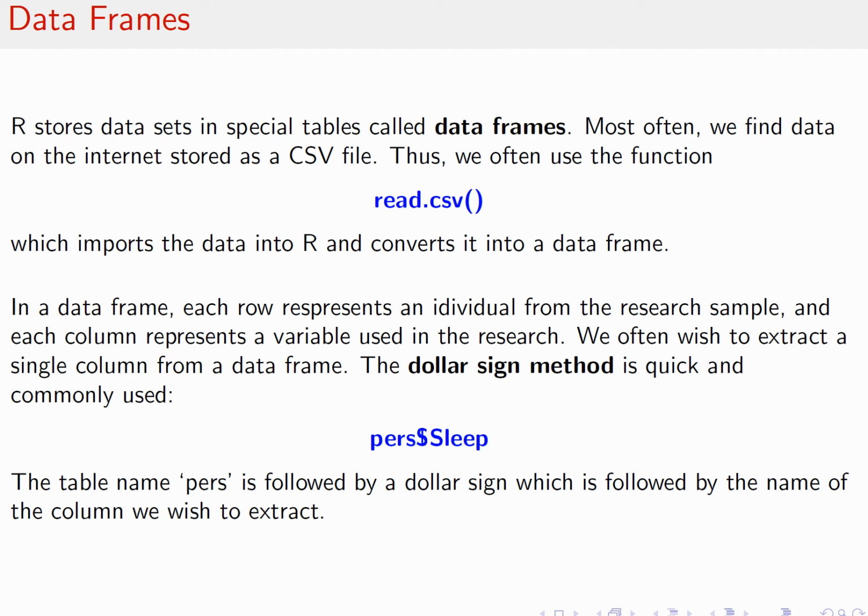So we do that. The $ method is we take the name of the table, right? So here the personality data set has been loaded. That data frame has been loaded as pers, P-E-R-S. We have a $, and then we have the name of the column, the column title that we want to extract. Okay.